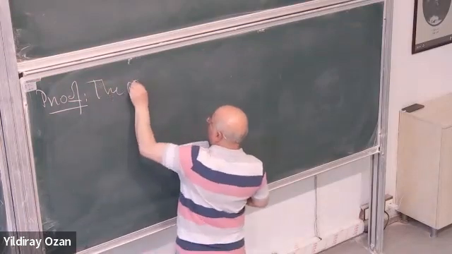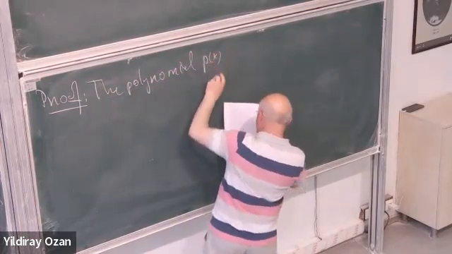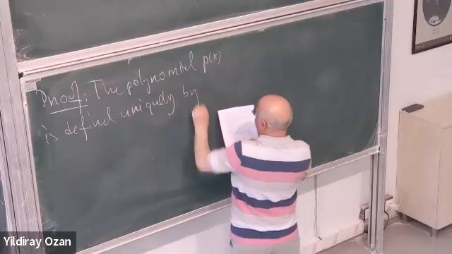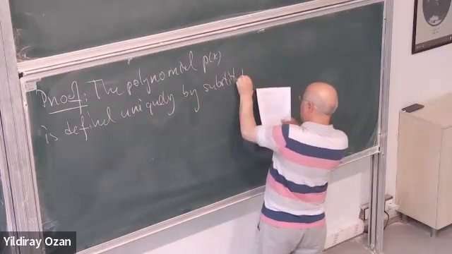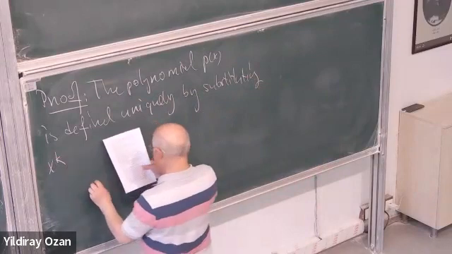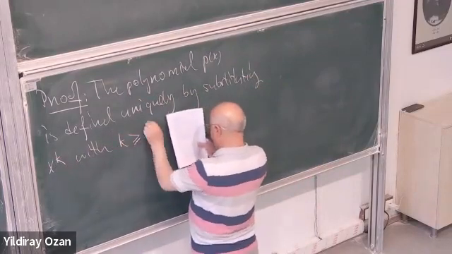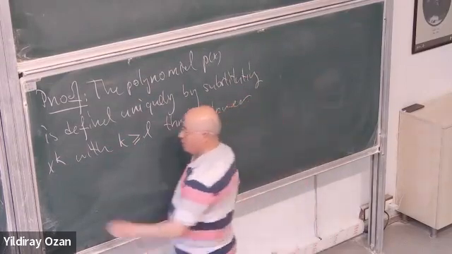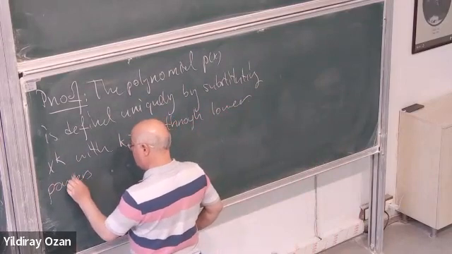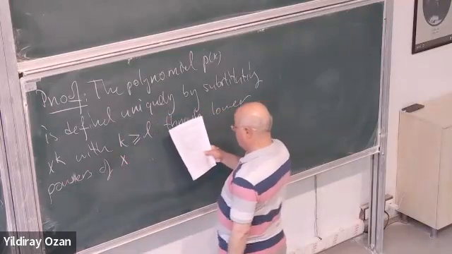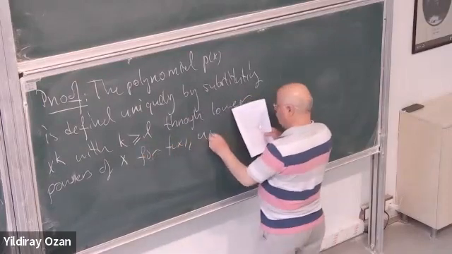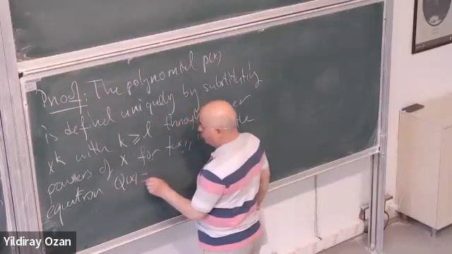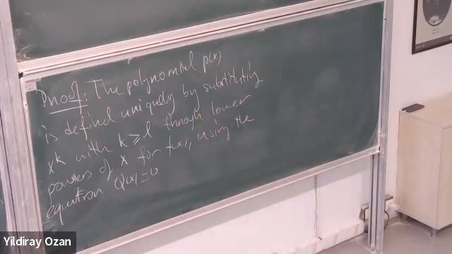The polynomial P of x is defined by substituting x to the power of k with k larger than L through lower powers of x, using the equation Q of x equals 0. İsterseniz let me just explain this on an example.